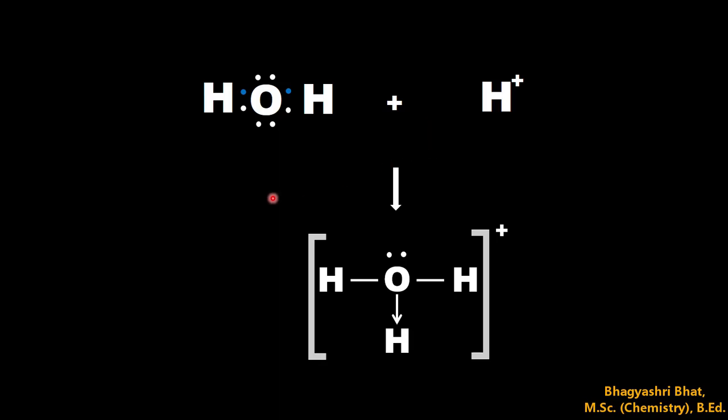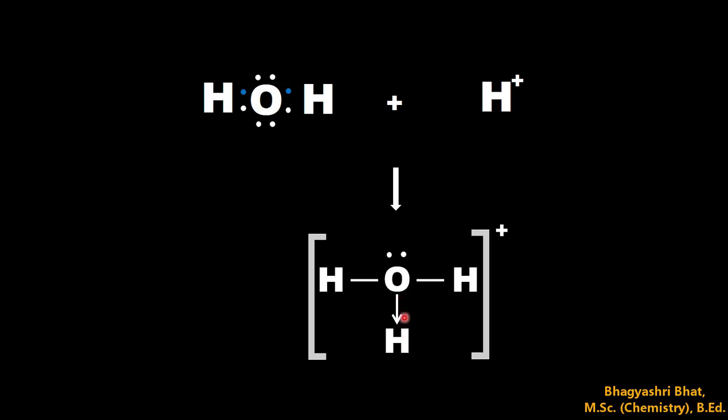Like this. Out of the two lone pairs of oxygen, one lone pair of electrons of oxygen is completely shared with this H plus ion. So a pair of electrons is completely contributed by the oxygen atom to the hydrogen atom.